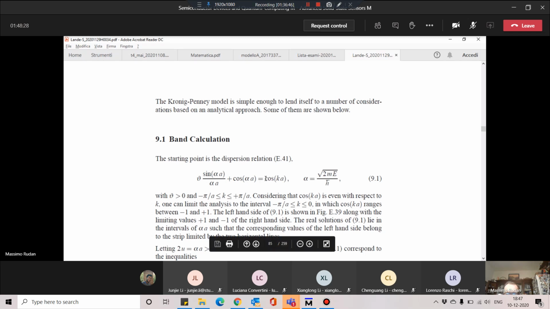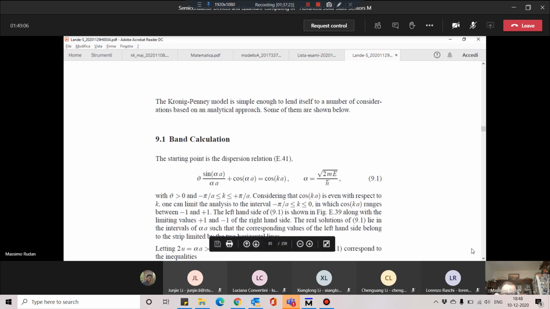If you take the inverse function of the cosine, that is the arc cosine, you can make K explicit. So you have K is equal to 1 over a times the arc cosine of the left-hand side. So you can explicitly find K as a function of energy. Then you simply rotate the axis by 90 degrees and you see the figure E as a function of K.